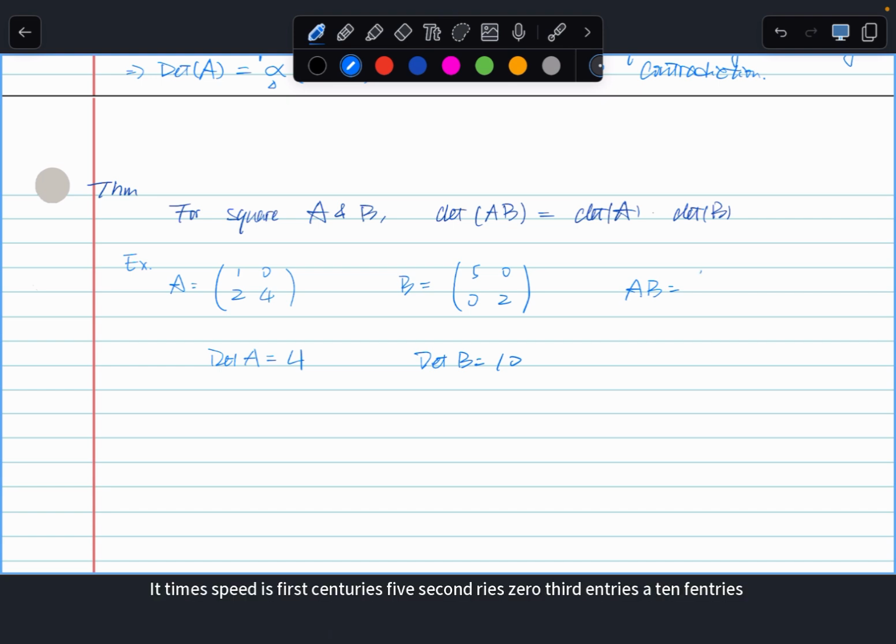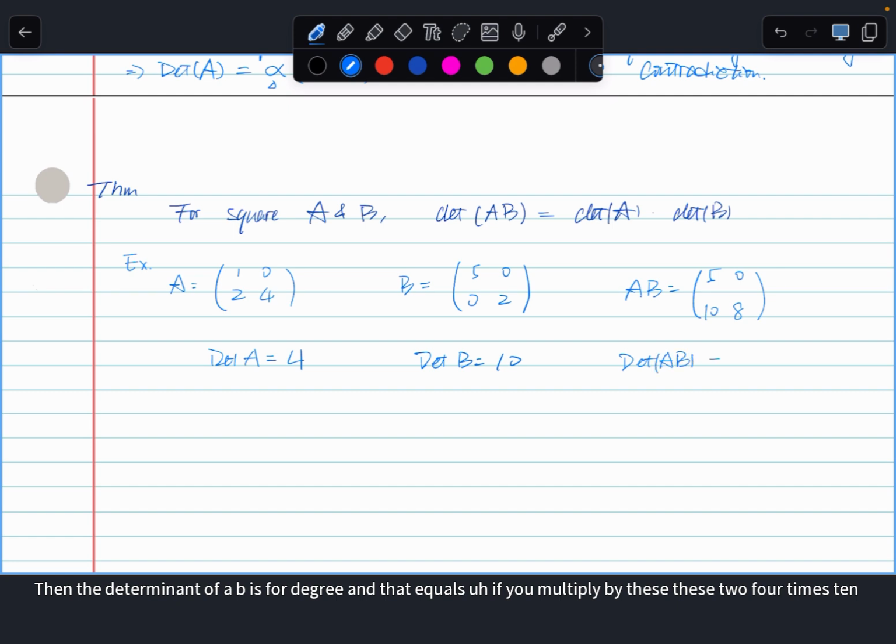A times B is: first entry 5, second entry 0, third entry 10, fourth entry 8. Then the determinant of AB is 40. Great. And that equals 4 times 10.